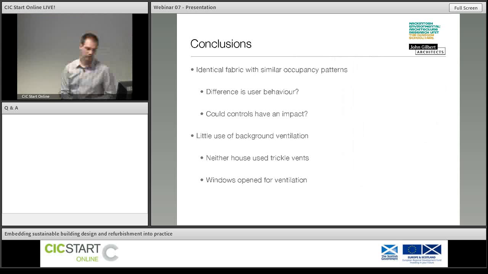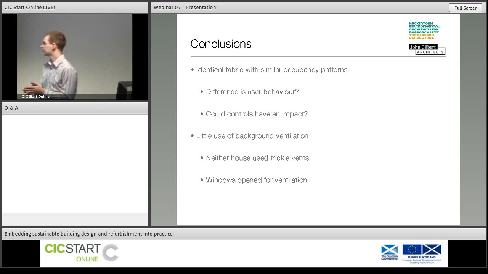The other thing that we think in this is obviously, it's easy to say, well, it's the user that's not using the house right. Actually, what we think is that there's a lot of controls that don't allow people to understand what they do and the fine level of control that they need to operate the house.